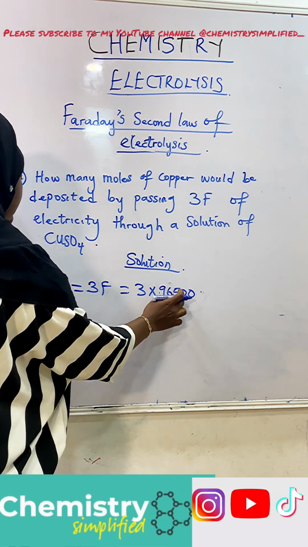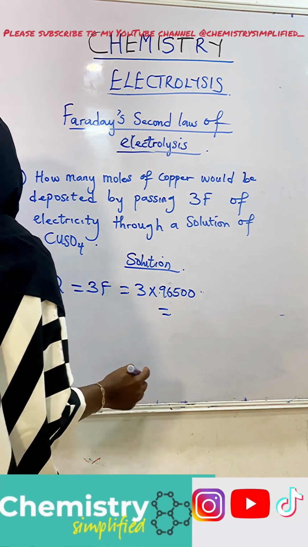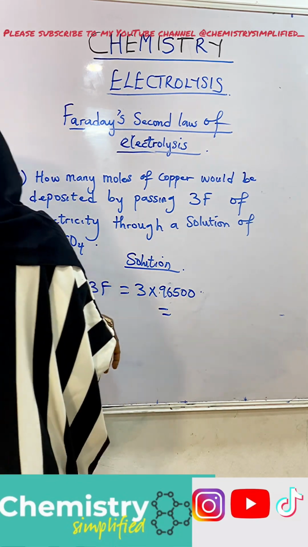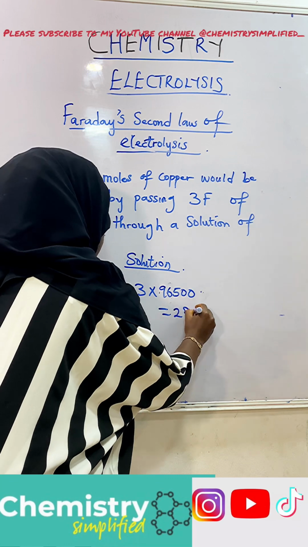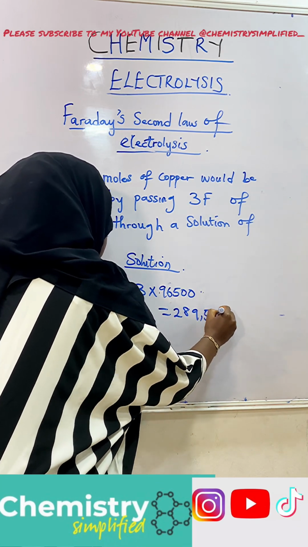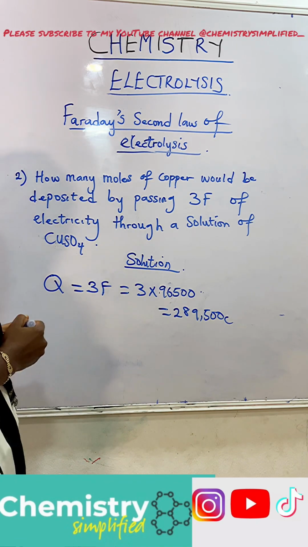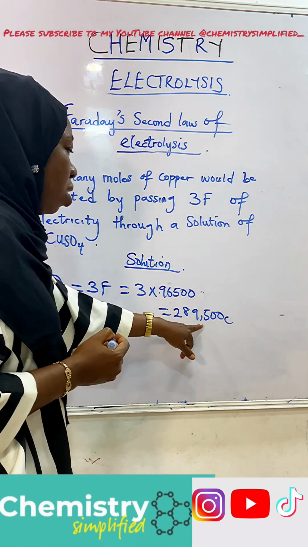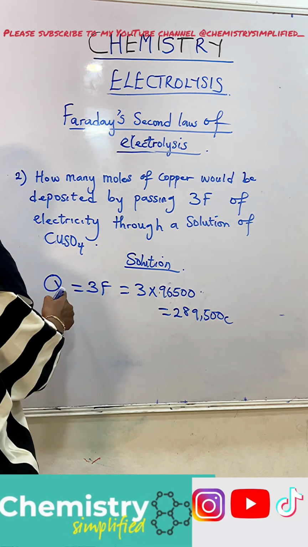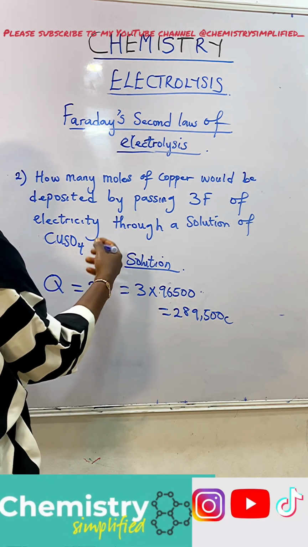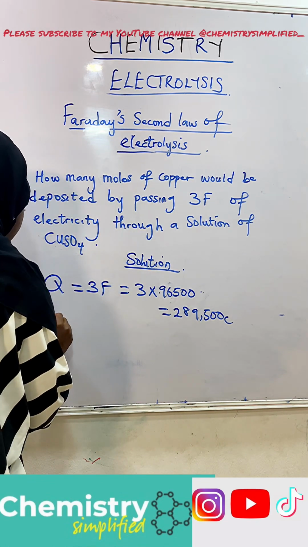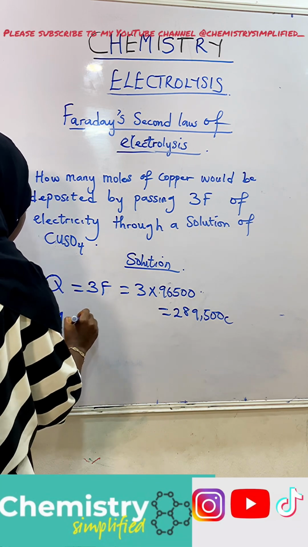So 3 times 96500 will give us what? Let's press our calculator for that. When you press the calculator, what you get is 289,500 coulombs. That is our quantity of electricity. So what else are we given? We're not given anything else. Then we will have to calculate for moles.